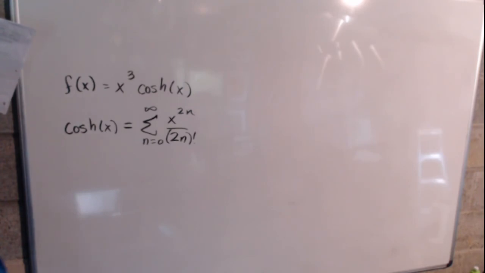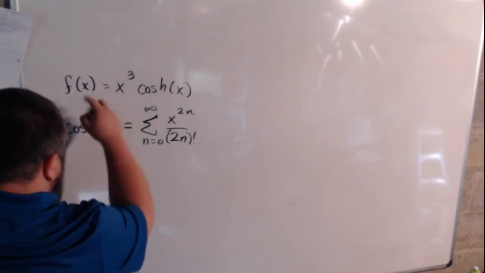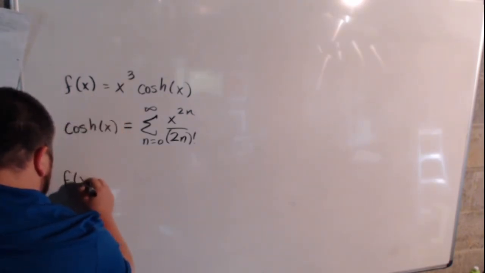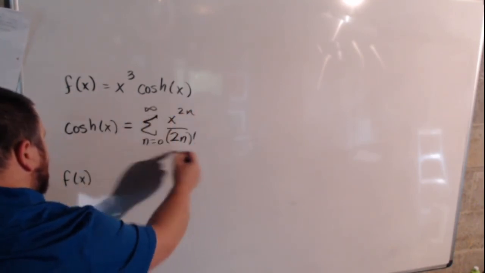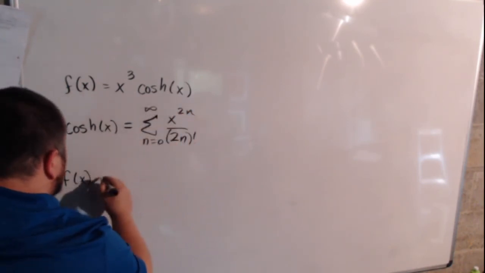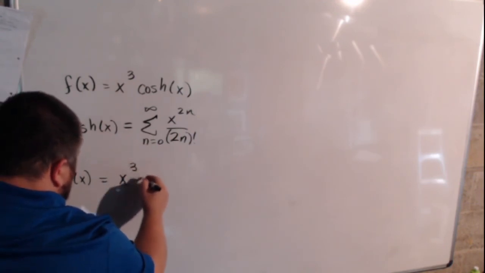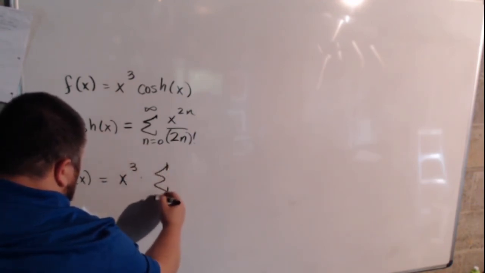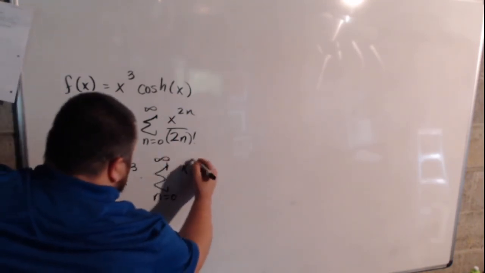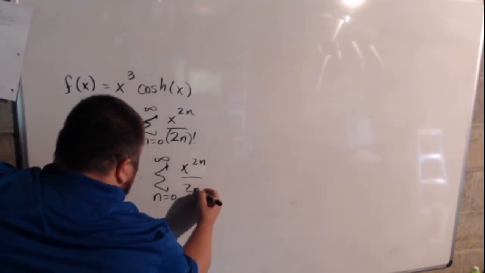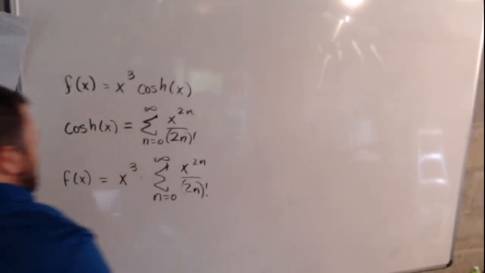If I want a representation for this function, well, then I simply replace the cosh function with this summation. So this is x cubed times the sum n equals 0 to infinity, x to the 2n over 2n factorial.